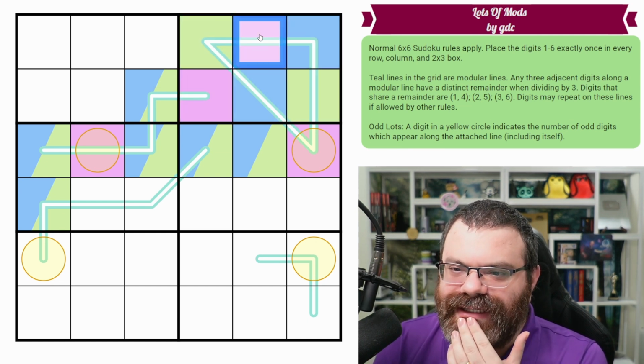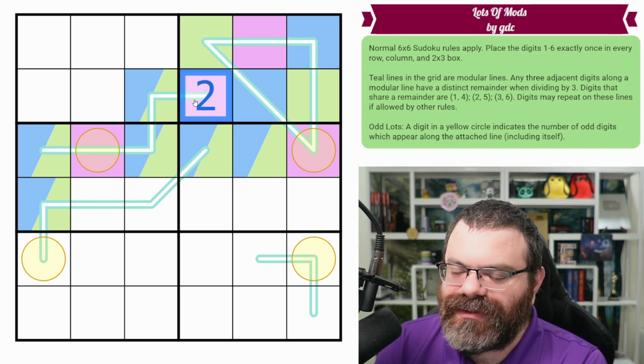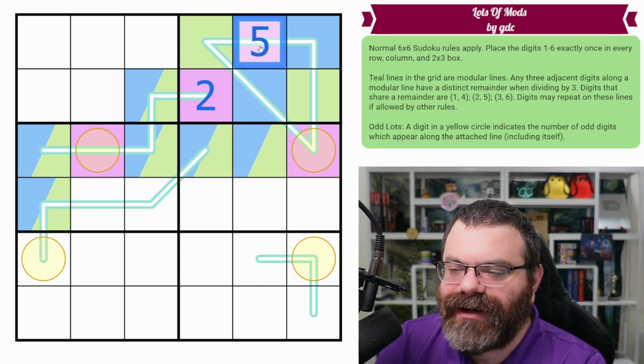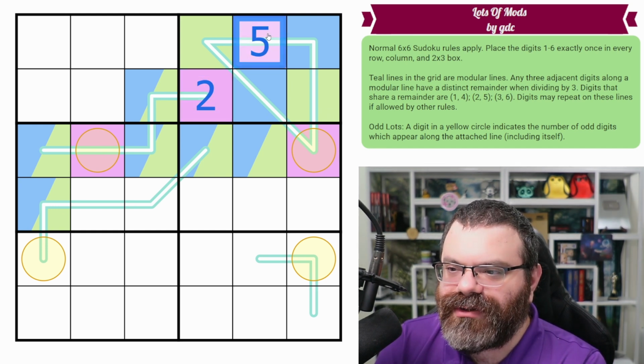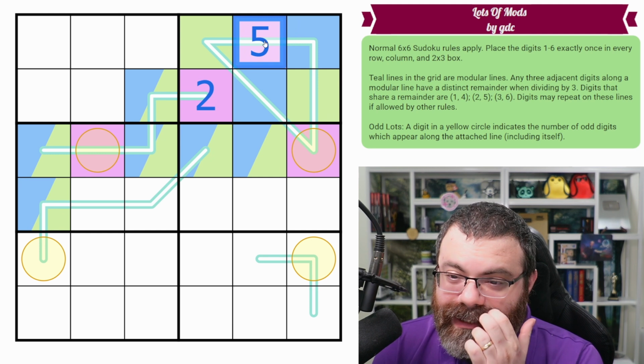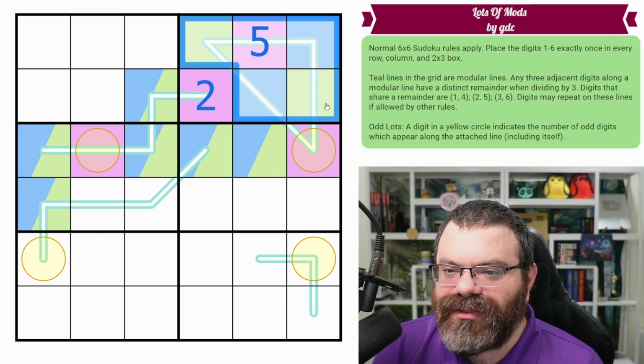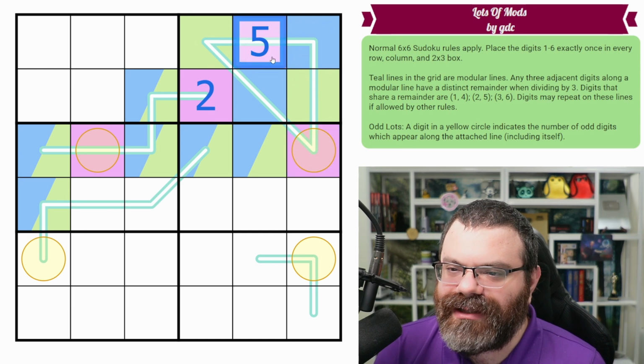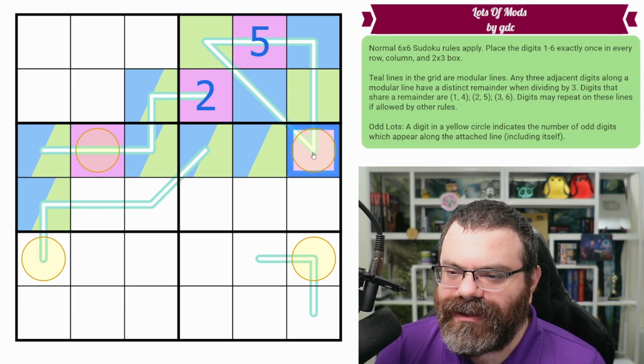Now, whatever this is, if this was even, say I'm just going to randomly put a 2 here. If this was even, then this, I'm going to randomly put a 1, would be odd. Or actually 2 would make it 5, right? Because there's 1 even, 1 odd per modularity group. And so that would mean I'd have all 3 odds here, but this could not be odd, because if it was odd, then wait, it could not be odd.